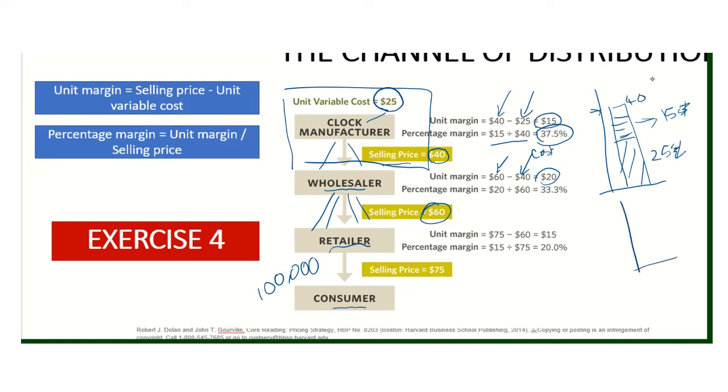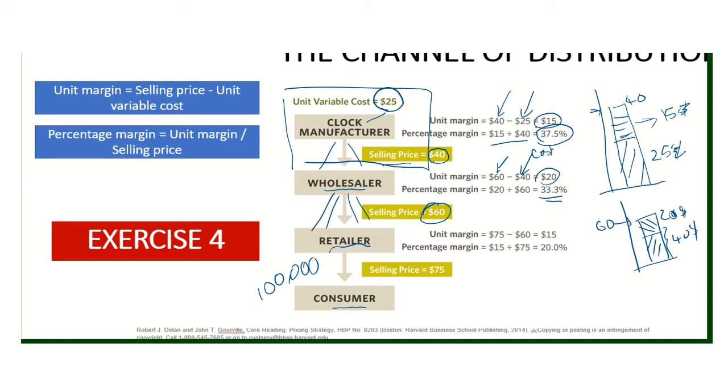Once again, the total is $60, and out of the 60, $40 is taking up my cost, and $20 is taking up my profit. And this profit is 33.3% of my sales price. All right, thank you.